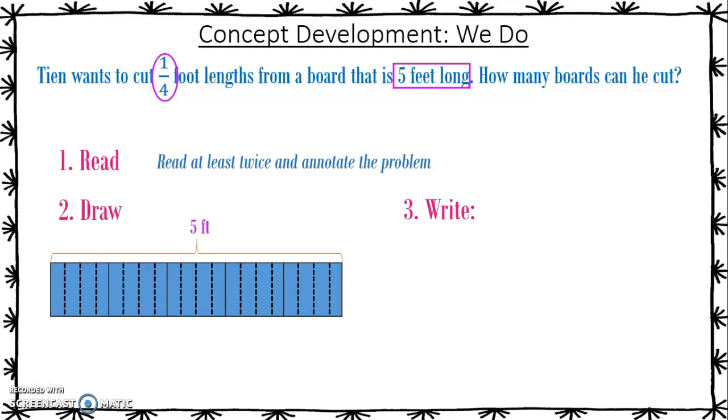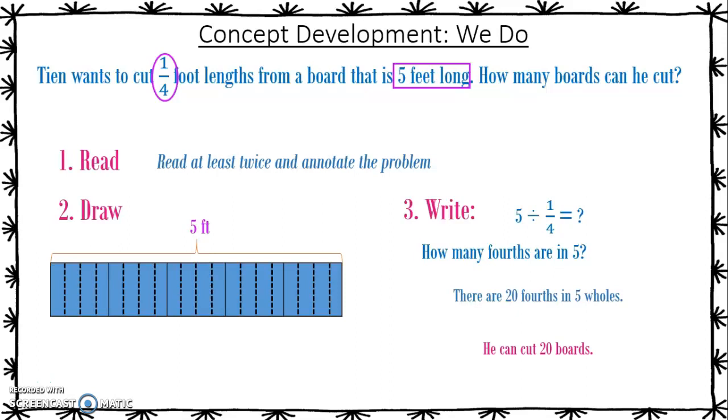So if I write out my problem, 5 divided by 1/4 equals what? And I think, how many fourths are in 5? Well, I know there are 4 fourths in 1 whole. So then that must mean there are 20 fourths in 5 wholes. So total, Tian can cut 20 boards.